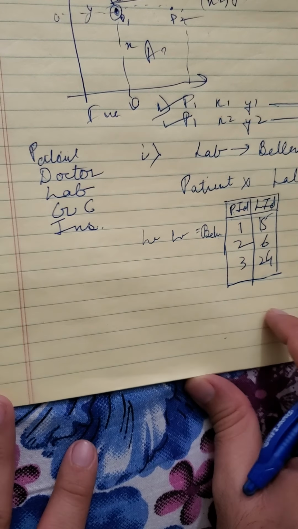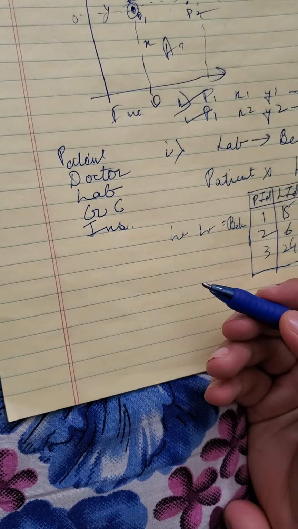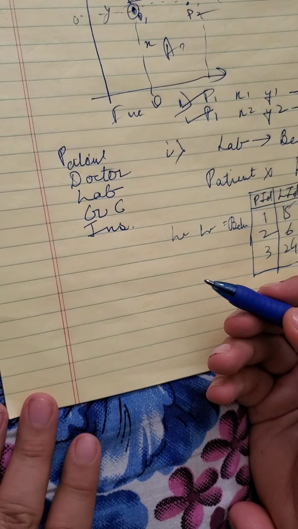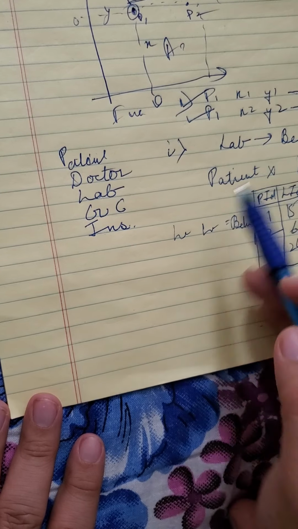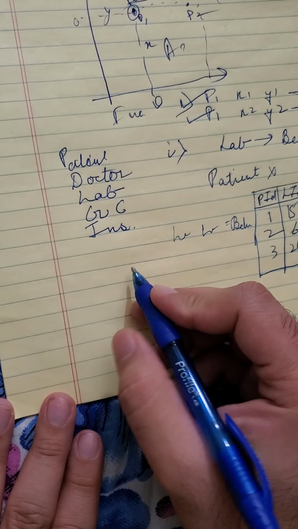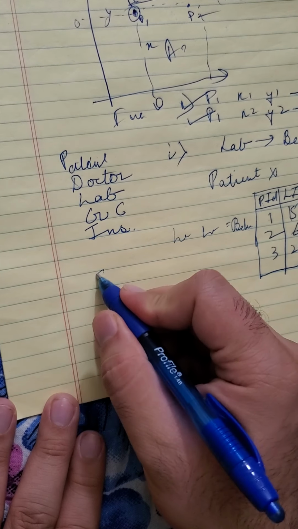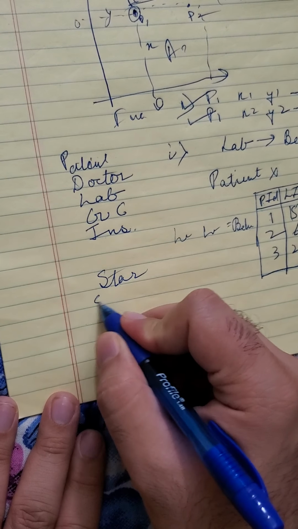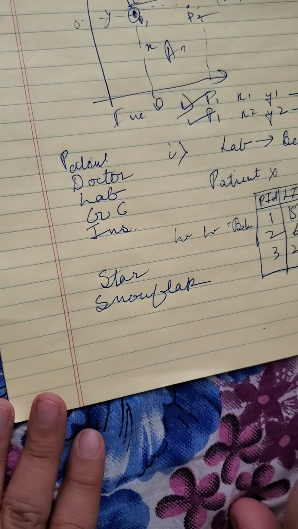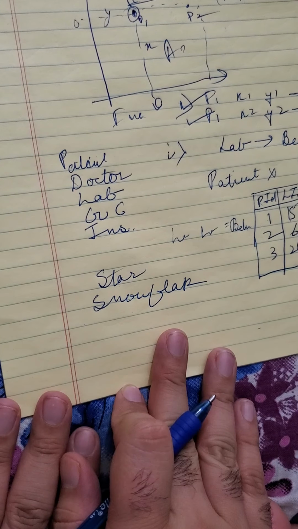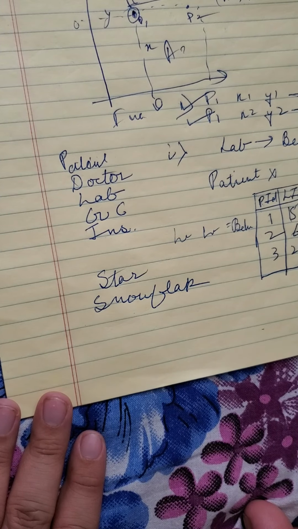Now, this is a basic concept of data warehousing. Facts follow schemas. There are two types of schemas: star schema and snowflake schema. I'll come to the star schema and snowflake schema in the next video.